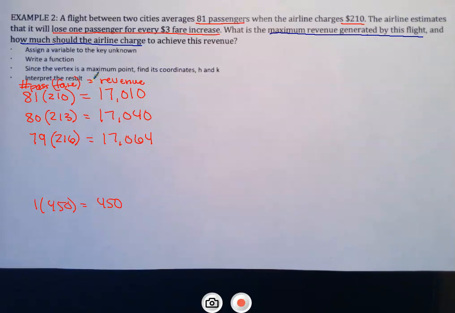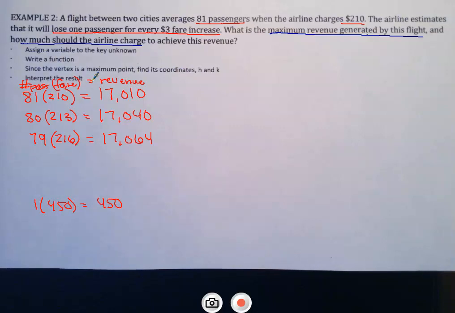I don't agree necessarily that it is the key unknown, but if we look at it from what you said, the fare depends on the number of passengers, and the passengers depend on the fare, but what is ultimately out of the airline's control here? They can't control how many people are on their plane. They're looking at the average. So they're trying to take the thing that they can't control and figure out the best way to control it, the best that they can.